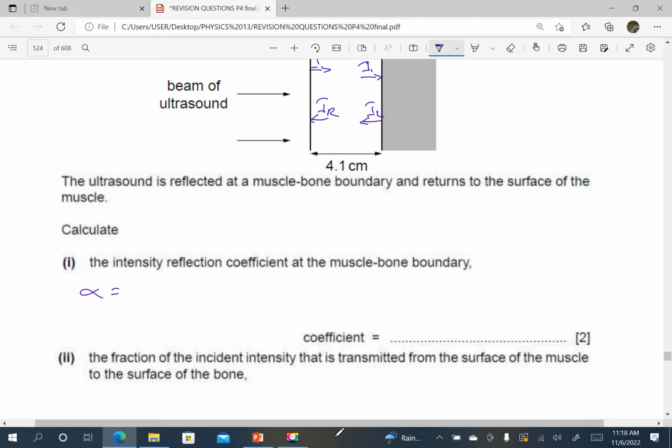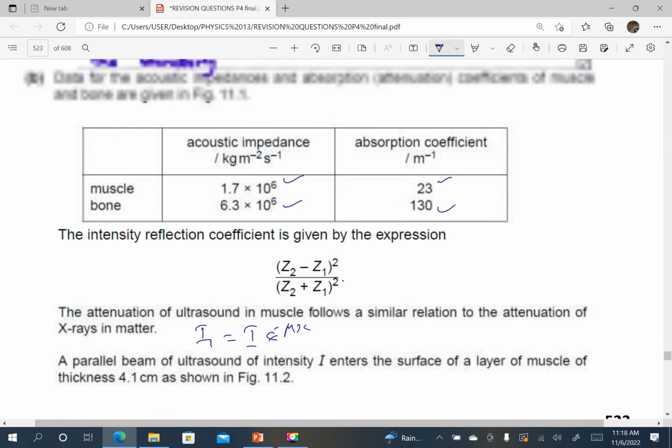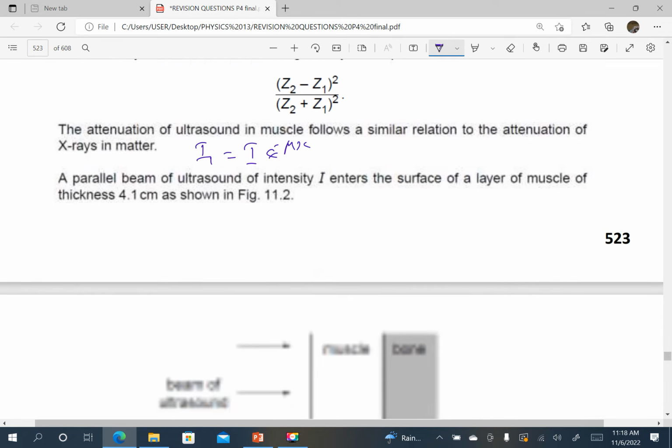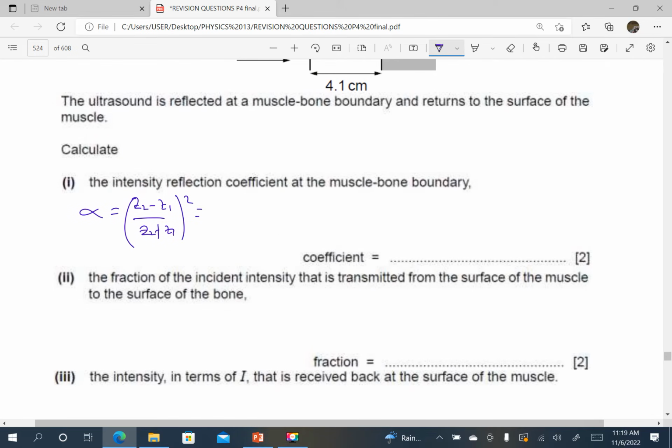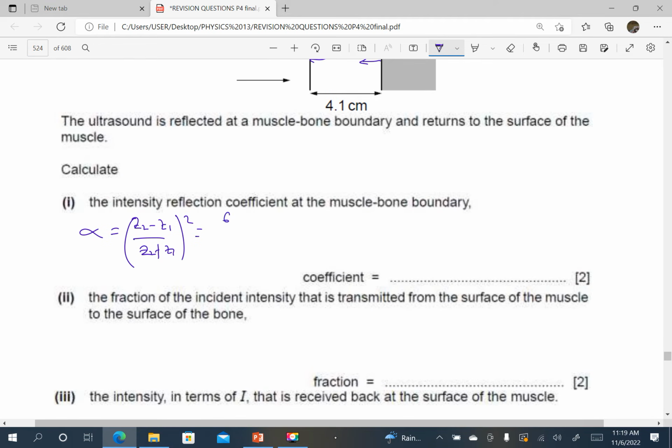Alpha is equal to Z2 minus Z1 over Z2 plus Z1, squared. They gave us the values of Z in the table, 1.7 and 6.3. So this would be 6.3 minus 1.7 over 6.3 plus 1.7, squared.